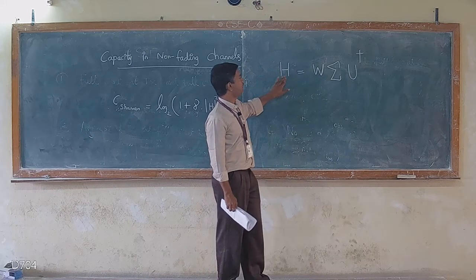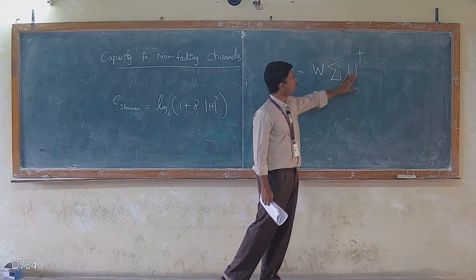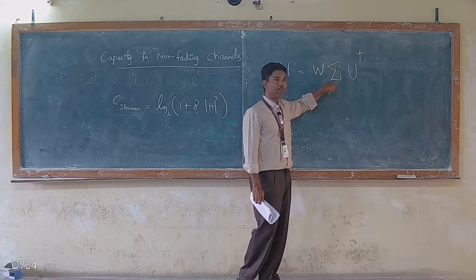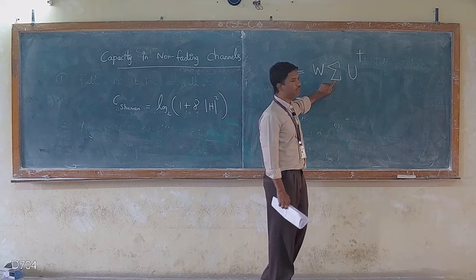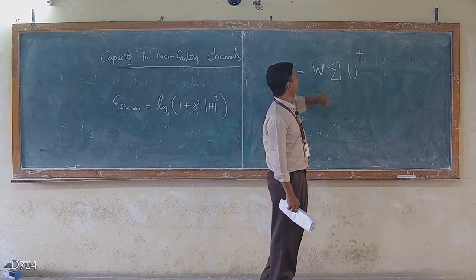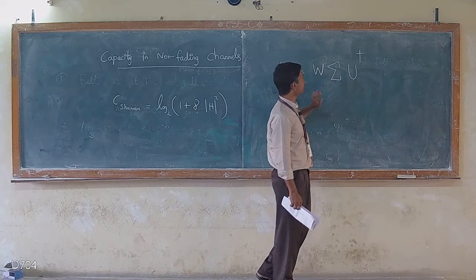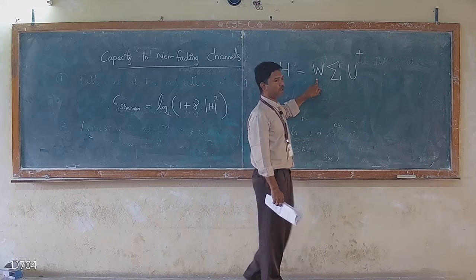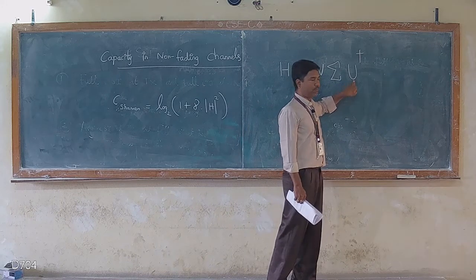So H is written as W into sigma into U pseudo inverse, where sigma is a diagonal matrix whose elements are eigenvalues or singular values, and W is a unitary matrix and U is also a unitary matrix.